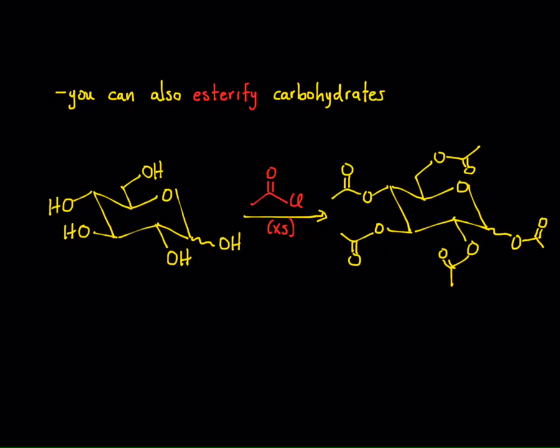Vicinal diols aren't readily used to protect ketones, but other diols can. So you can actually protect the C4 OH and C6 OH if you react it with a ketone and stuff like that. So, and we're not going to get into that, but I just want to give you a glimpse of what you can actually do with carbohydrates.